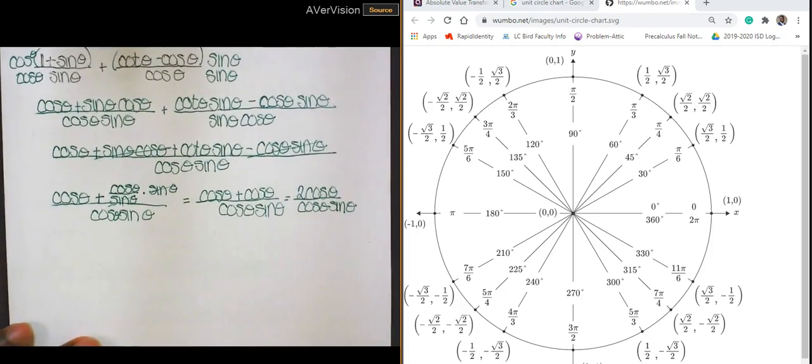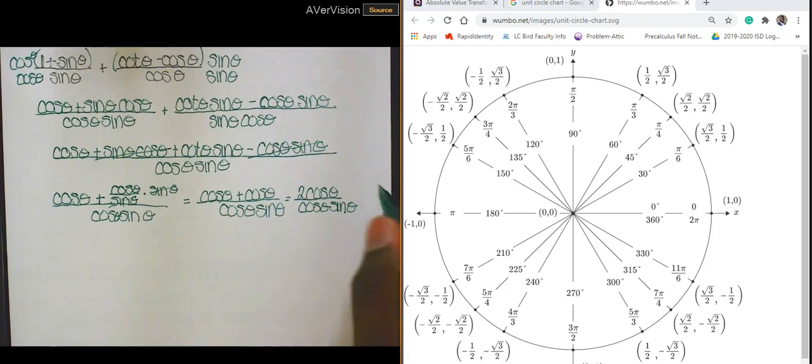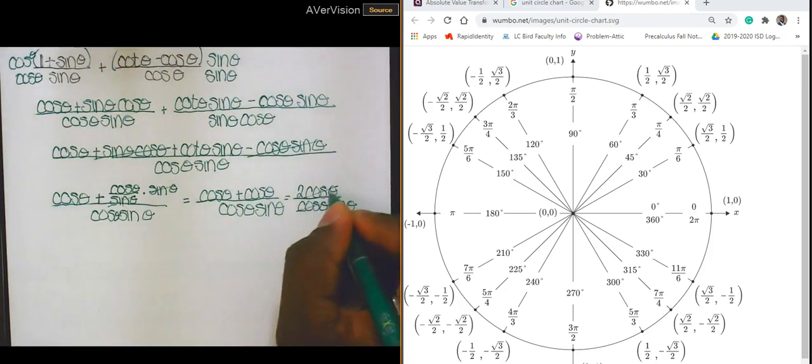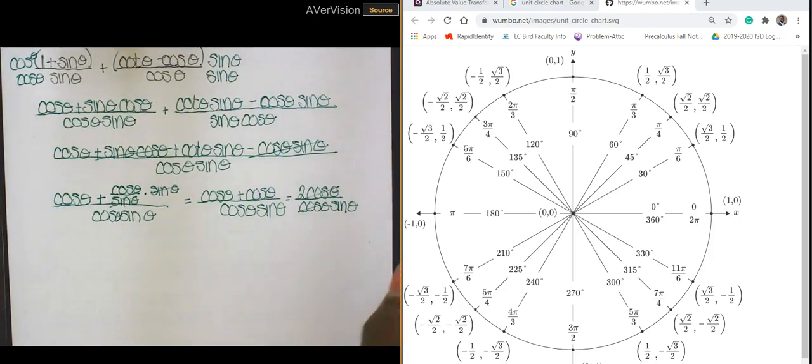All right, now what? We can cross out one of the cosines in the numerator and cosine in the denominator.